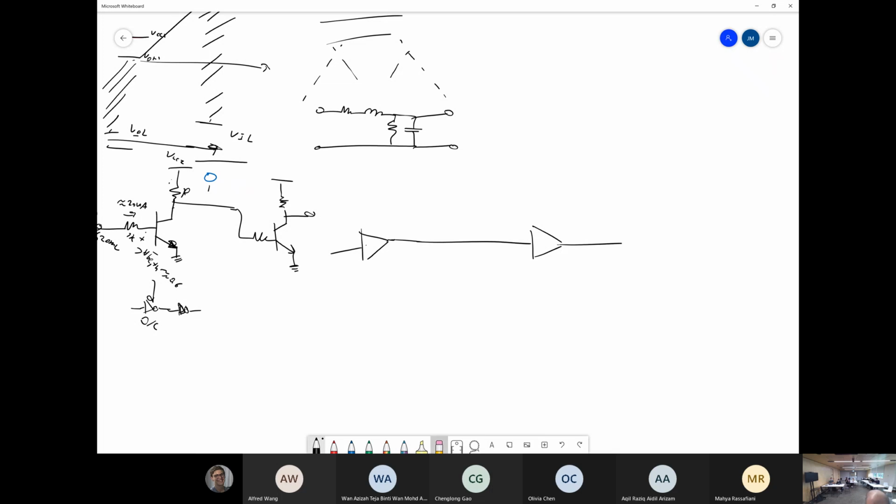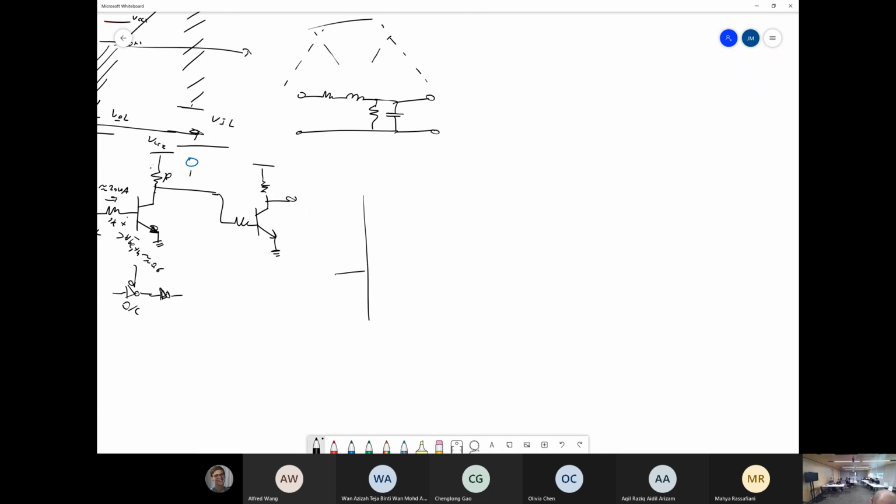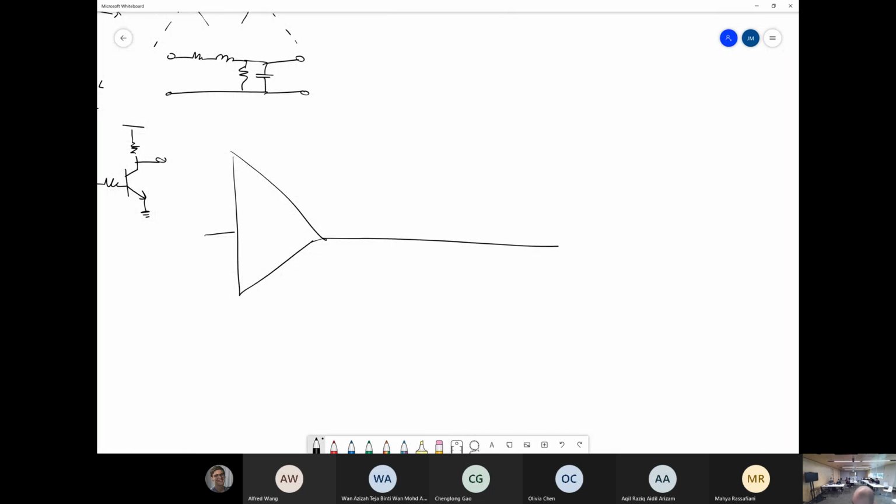Let me draw it a lot larger, just give me a sec. It's better if I draw it larger, got all the space. Right, now let me draw these two amplifiers. Let's say this is your transmission line.